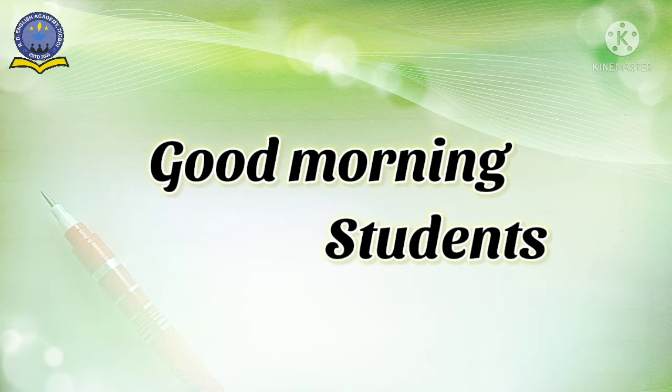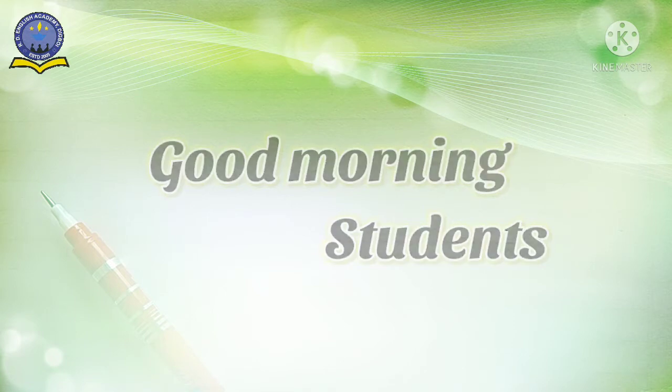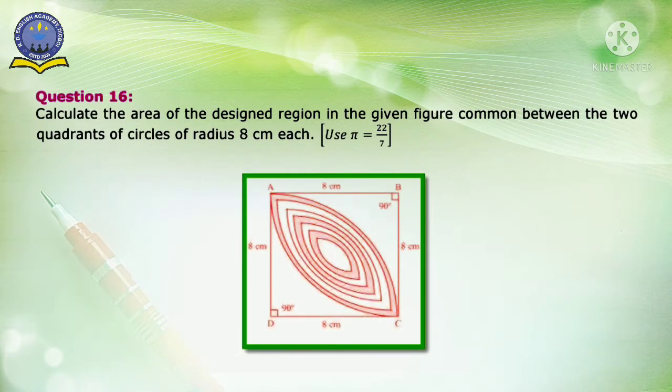So here one more question remains, question number 16. The question is given like this: calculate the area of the design region in the given figure, common between the two quadrants of circles of radius 8 centimeter each.